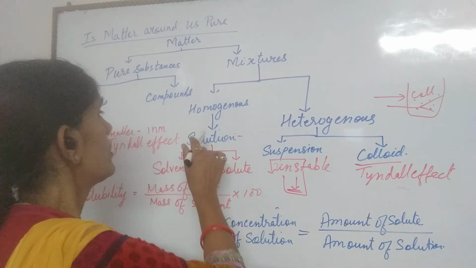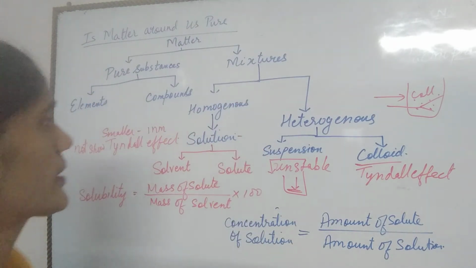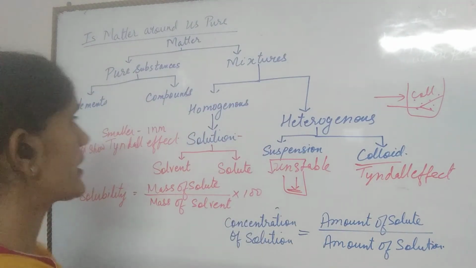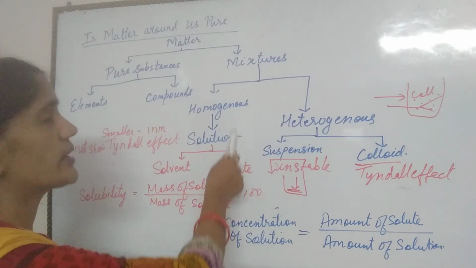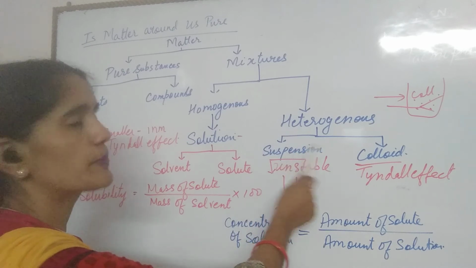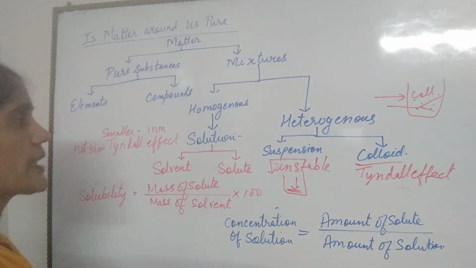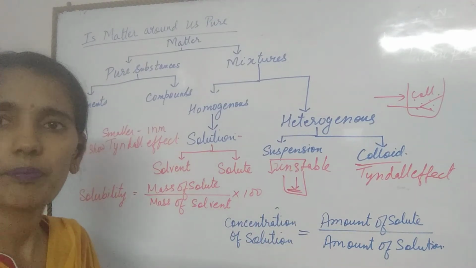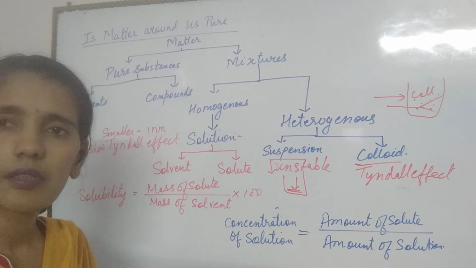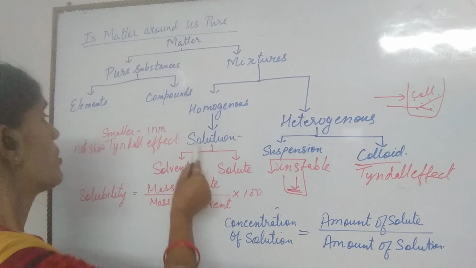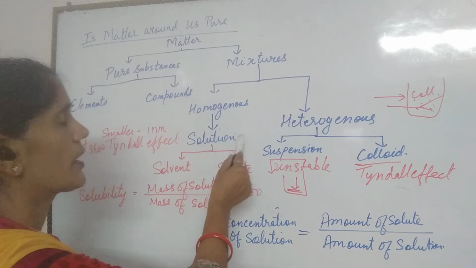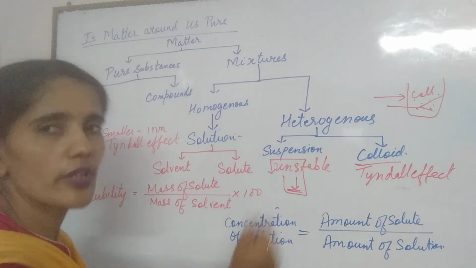Now, how many types of mixtures have we studied? Homogeneous, heterogeneous, solution in homogeneous, and suspension and colloid in heterogeneous. We have discussed the properties of these mixtures. We have done the comparative study also about solution, suspension and colloid.